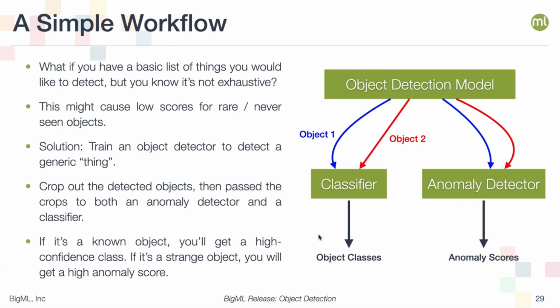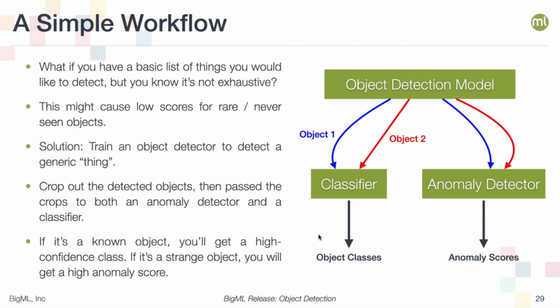As you make detections, you can crop out the detected objects, because we know the coordinates in the image of each detected object. You crop out those detected objects, and then you pass the crops to both an anomaly detector and a classifier, just a regular image classifier and a regular image anomaly detector, just as we did in our image release.